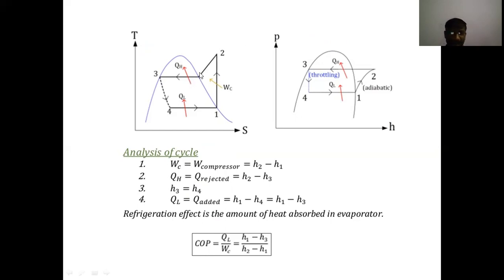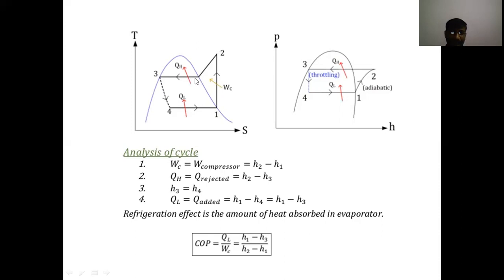During this decrease in temperature, the heat is rejected to the atmosphere. This heat rejected to the atmosphere is called the sensible heat. Clear? Due to this rejection of sensible heat, its temperature decreases from 2 to this point, the dry saturated vapor condition.